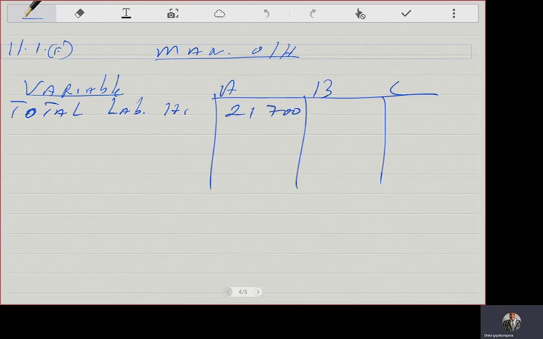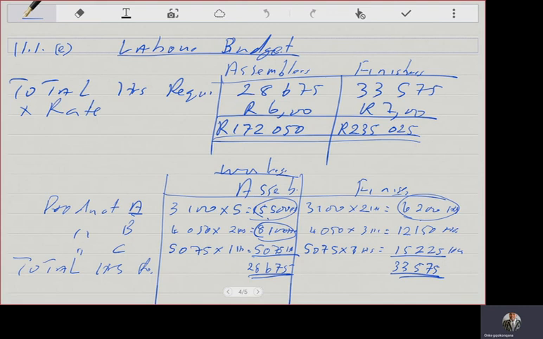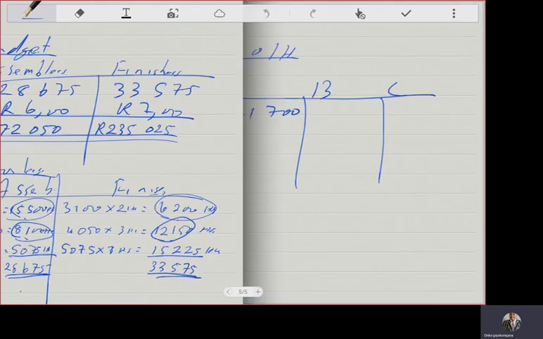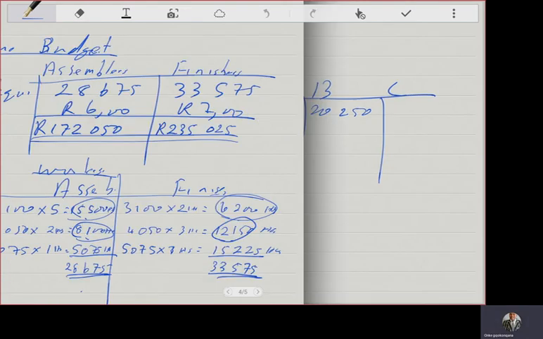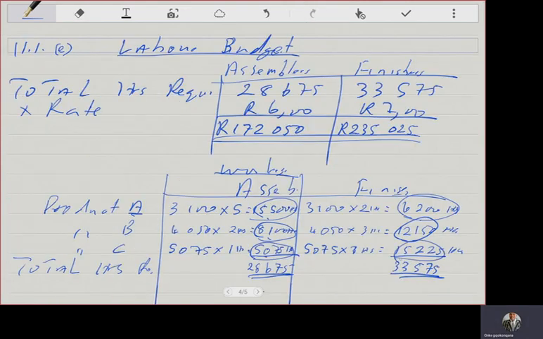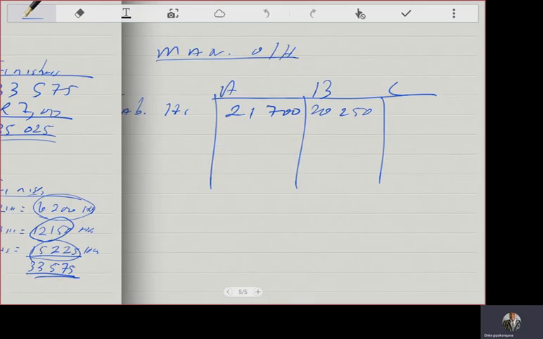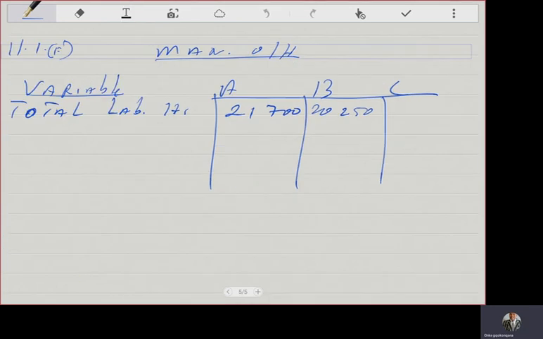Then labor hours for B is 8,100 plus this 12,150, which gives us 20,250. Then the last one is 5,075 plus 15,250, because we add both departments. So it gives you 20,300.